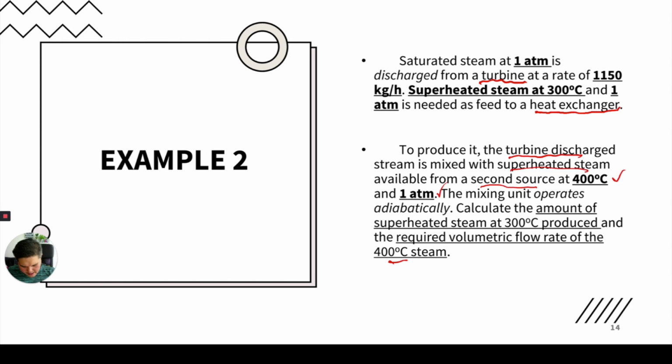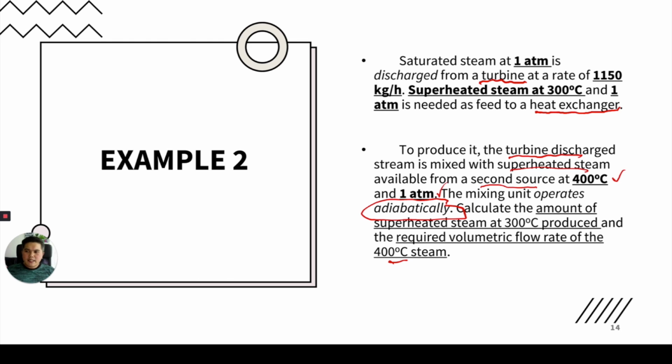From here you can see that the term adiabatic is introduced. What does adiabatic mean? It means you are not using any external heat. There is no heat released to the surroundings, and no heat taken from the surroundings into the system. It's entirely using the streams themselves as the heater or the cooler. Whatever stream comes in acts as the heater, and another stream coming in acts as the cooler.